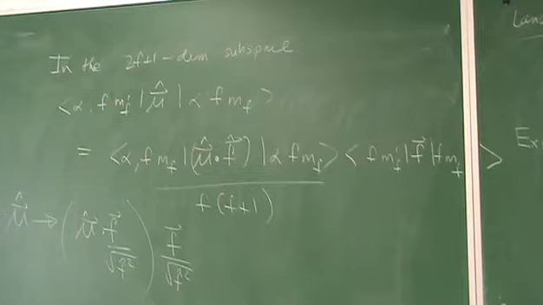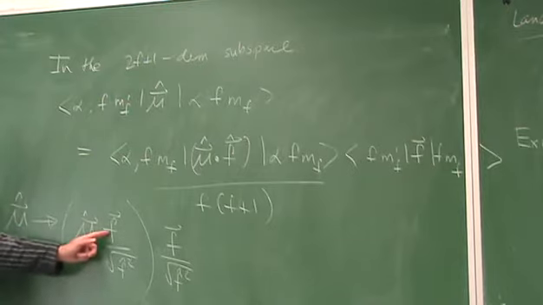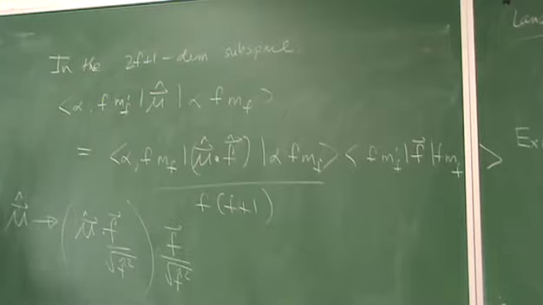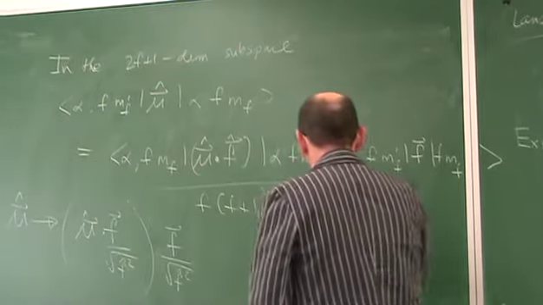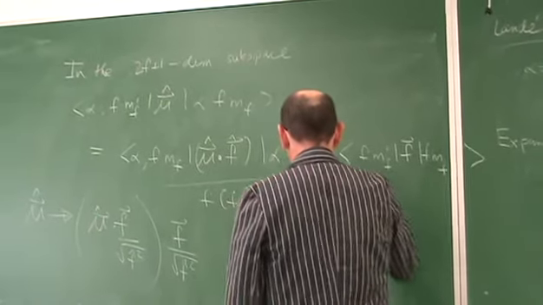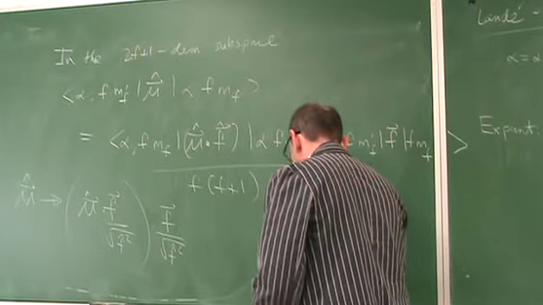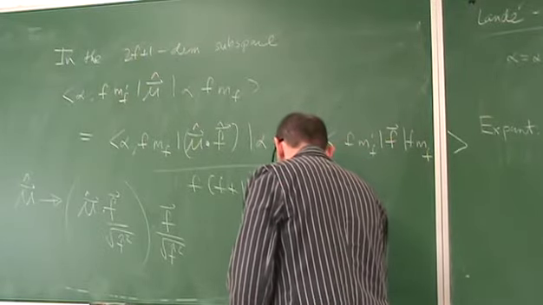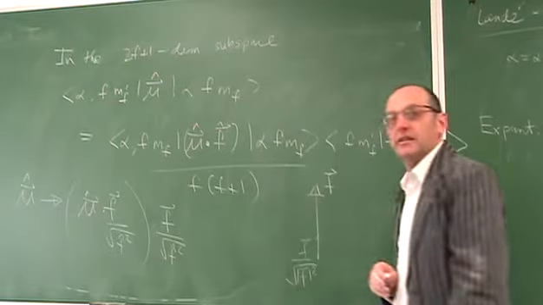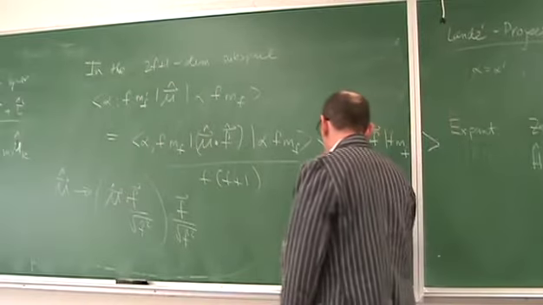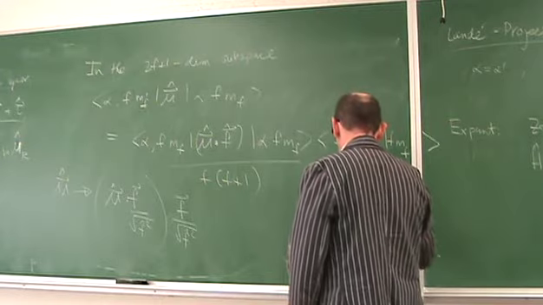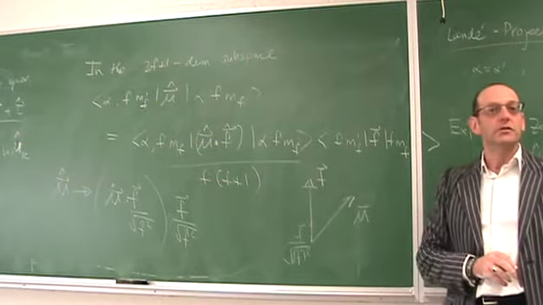Let's think about what this means geometrically. Geometrically, what is this? Well, I can think about this as a unit vector along the direction F. So here's a classical vector F. Here's the unit vector F divided by the magnitude, square root of F squared. Here's the vector mu.